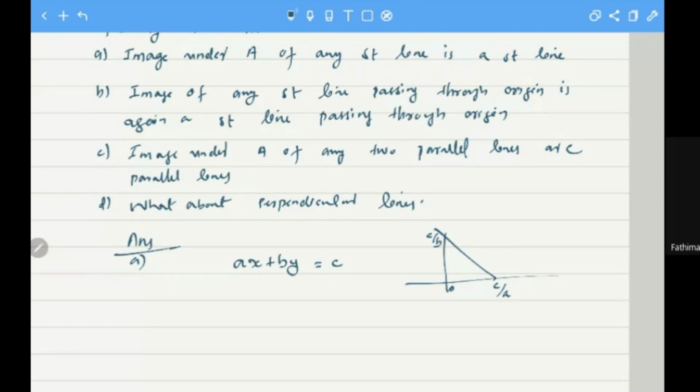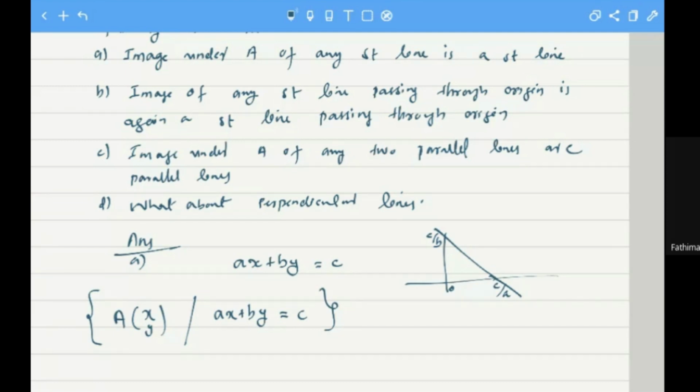So what we are looking at is the image of this straight line under A. That means we are looking at the set A of (x, y) such that ax plus by equal to c. We want the image of the points (x, y) under A, where those points satisfy ax plus by equal to c.